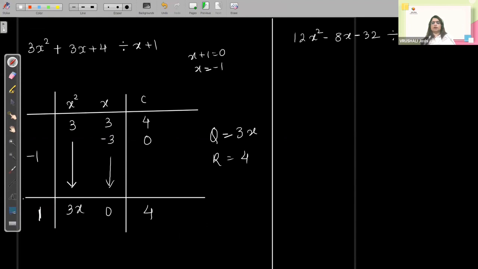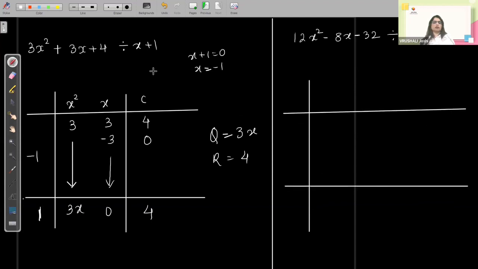And let us divide this by x minus 2. So we put it in the format first of all. If you do a couple of sums, you'll realize that it can become very fast, right?